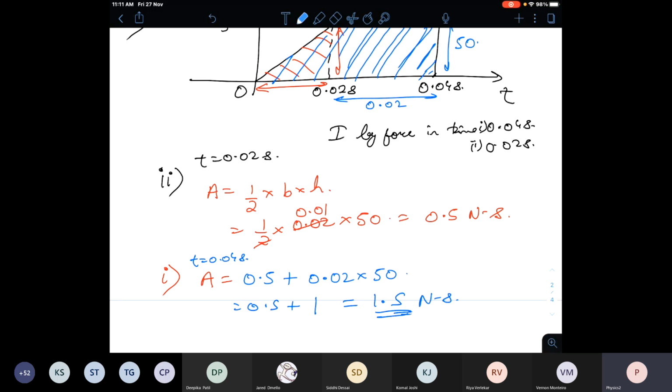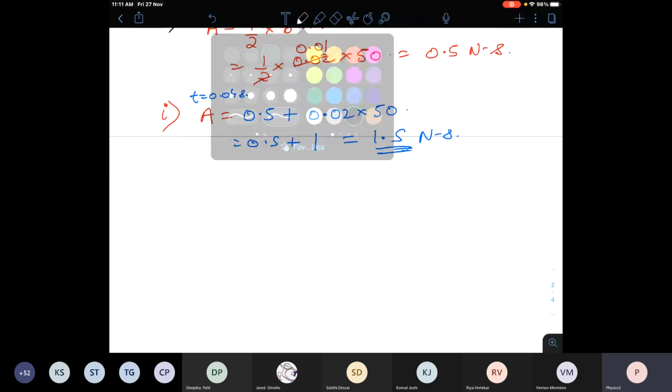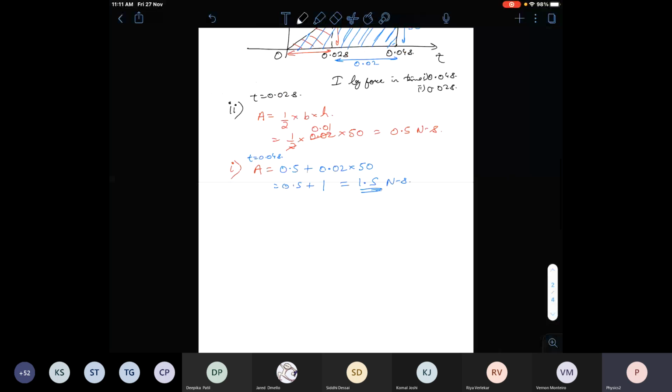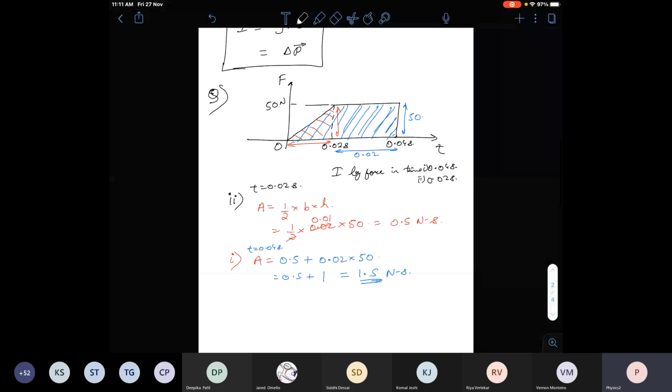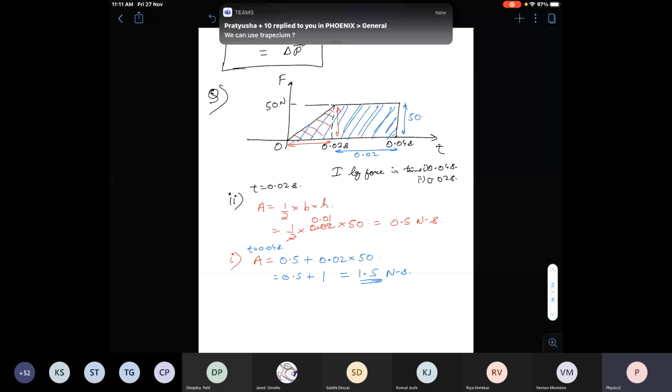The second method to calculate this, if someone wants to write it, is a simple integration, which you must have done many times in motion in a straight line. You could have also used the formula of a trapezium.